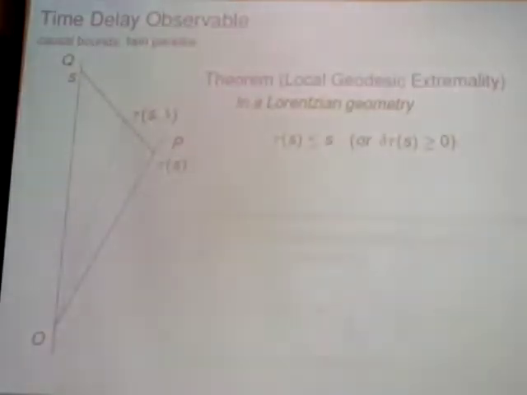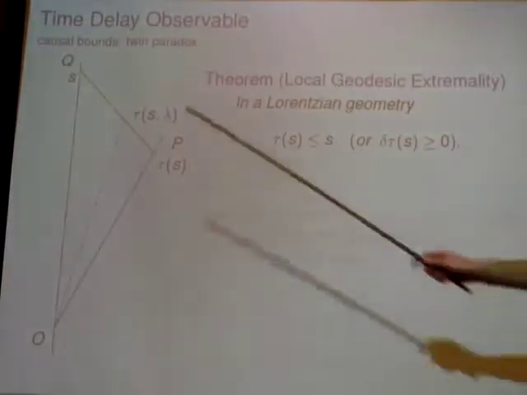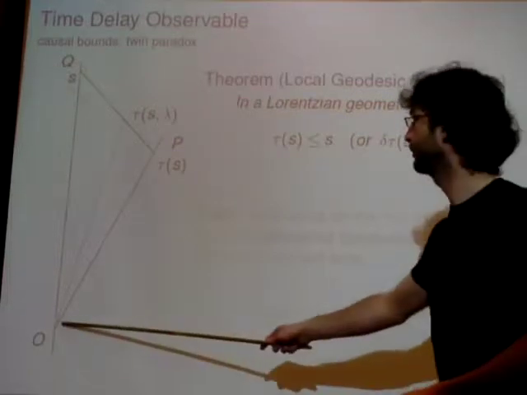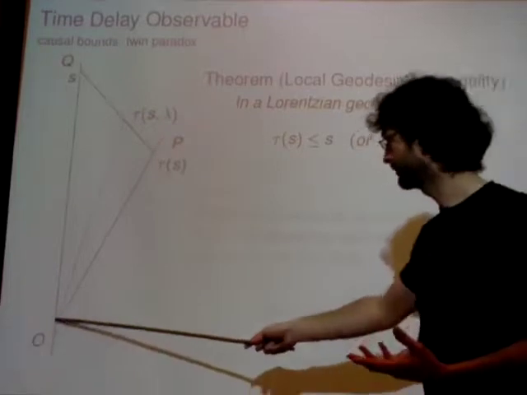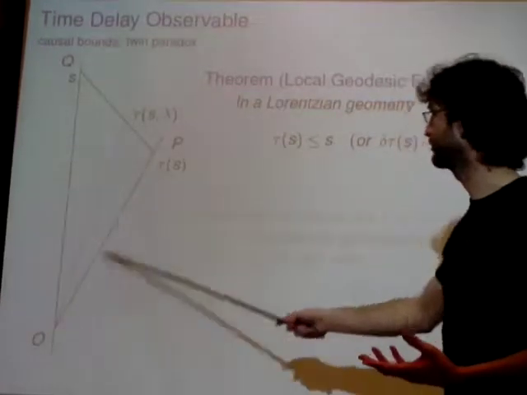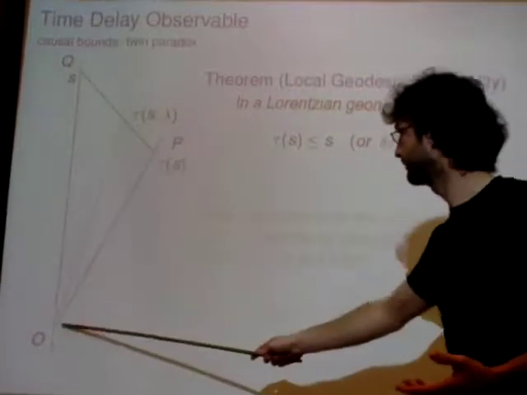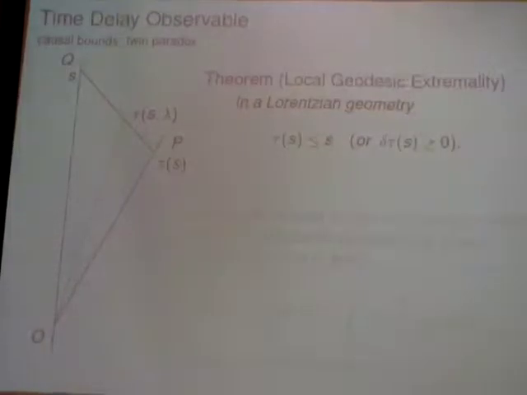Another bound, I call it the twin paradox bound. It has to do with the fact that in Lorentzian spacetime, geodesics have maximal length. So I've got two points here, point O and point Q, and there are two curves that join them. There's the geodesic one, and there's this broken one, which is the worldline followed by a signal.